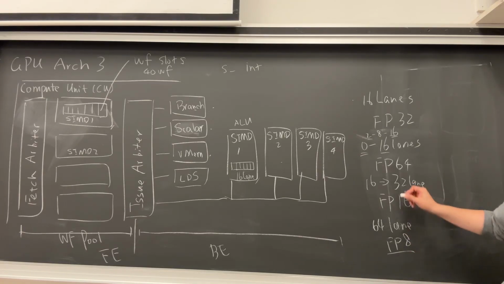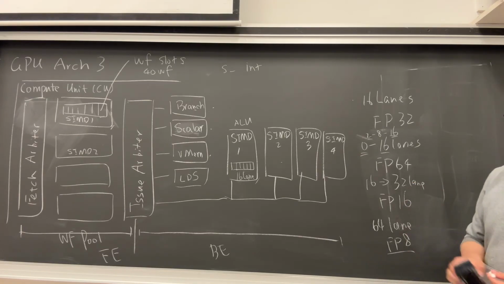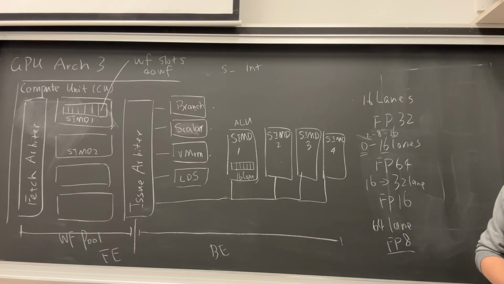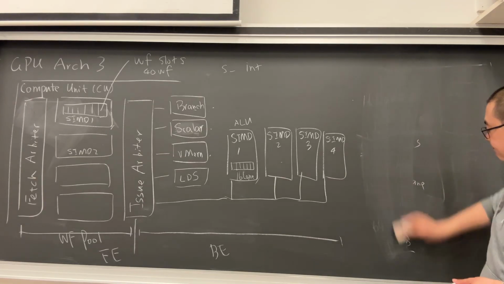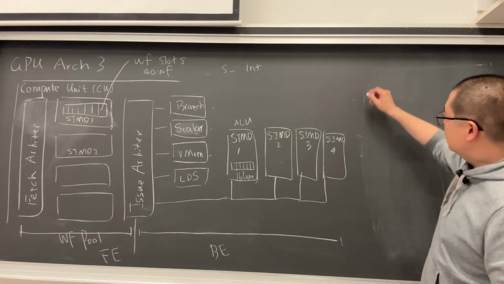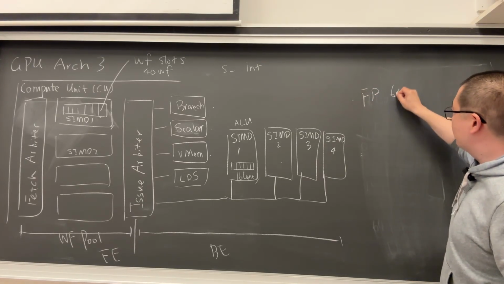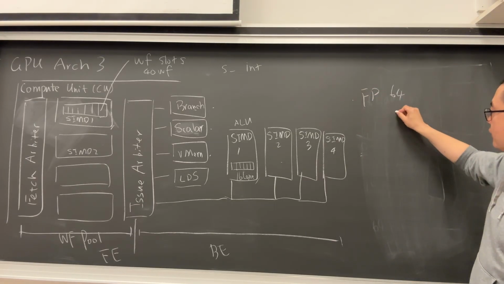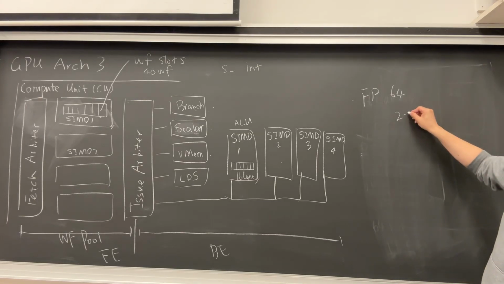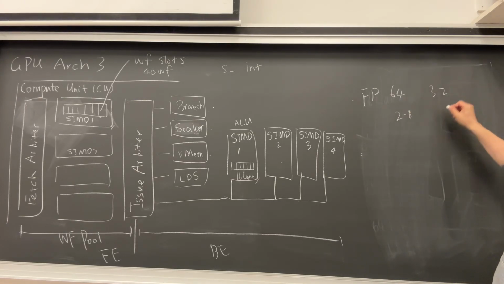So if we build a high-end compute-only GPU today, very likely we'll build something like this: FP64 will have something like 2 to 8 lanes. FP32 will have 16 lanes. FP16 will have 32 lanes.